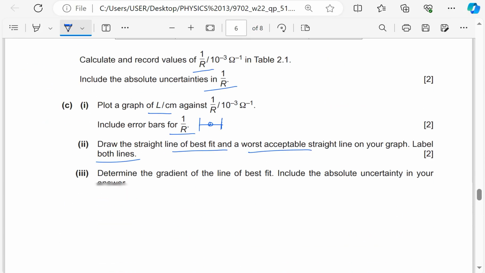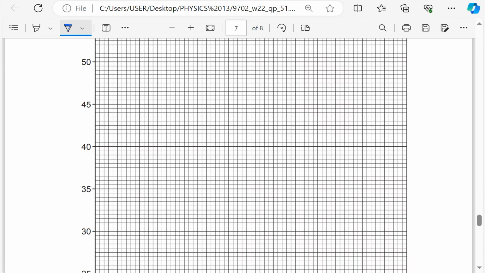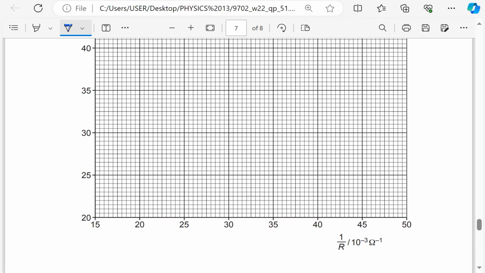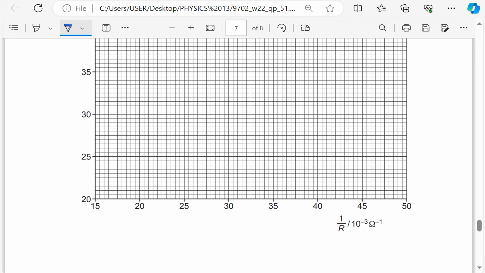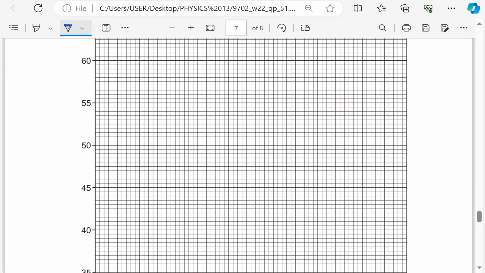Okay, so now let's plot. The first point is on the x-axis, it is 45, against 71. So 45 against 71.